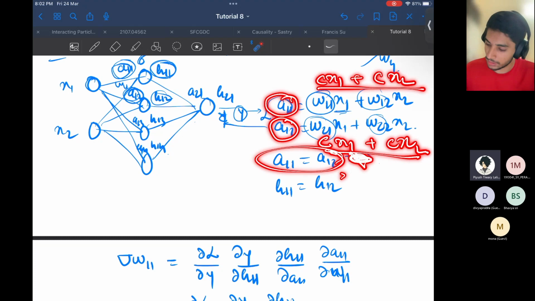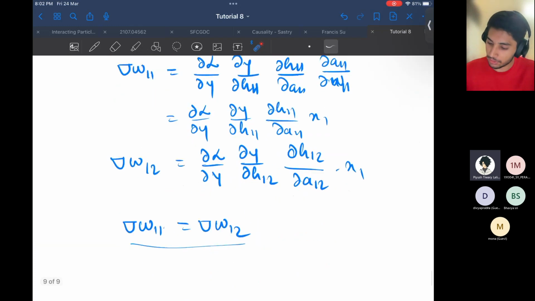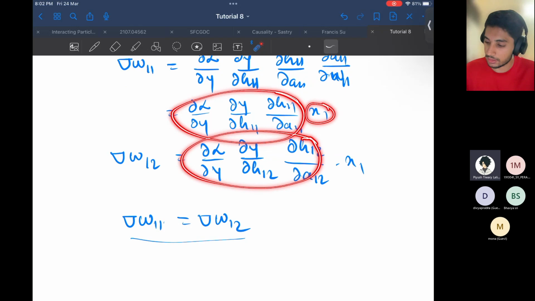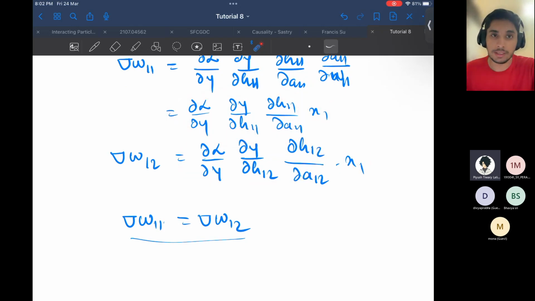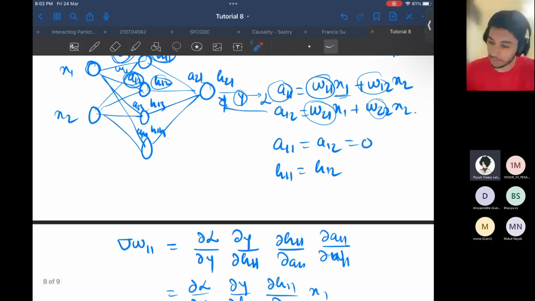But h11 and h12 will again be equal, because we are just applying an activation function on top of a11 and a12. Because both of them are same, these terms will again be equal, and x1 and x1 are always equal, right? So the same arguments that I made for both of them being equal to zero will follow for both of them being equal to some constant c.